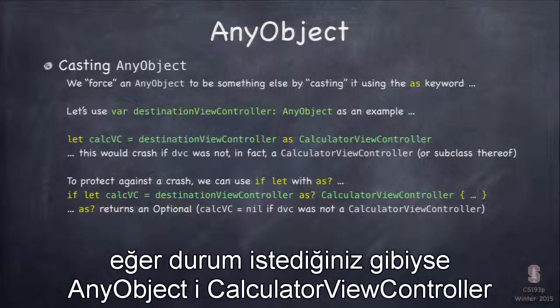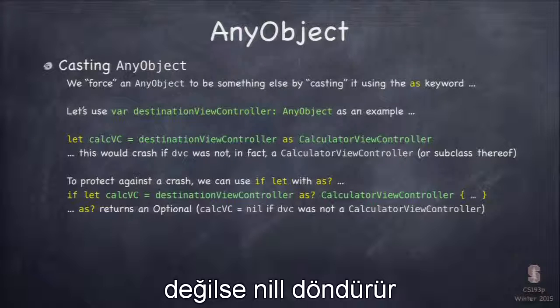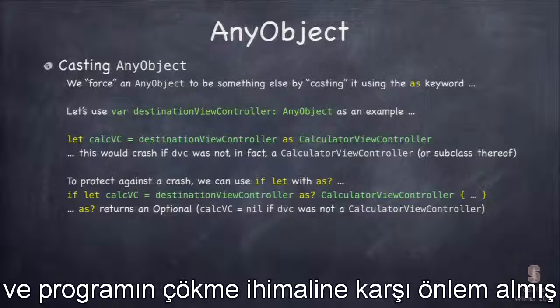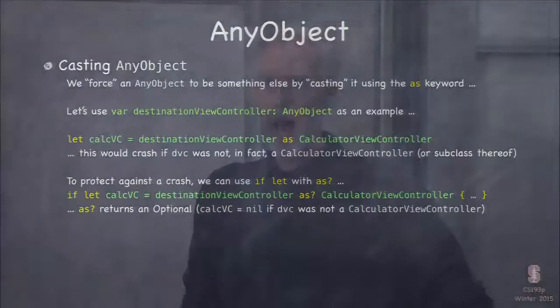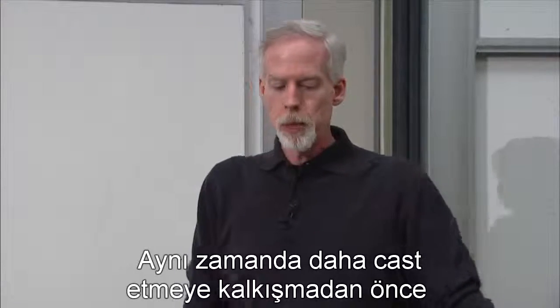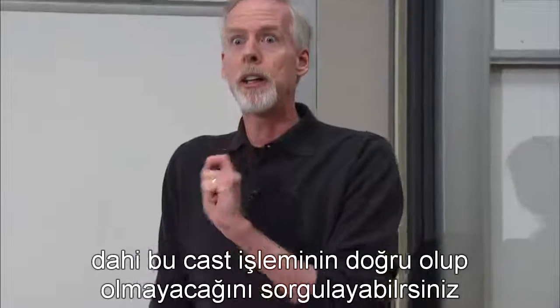And so you can say if let calcVC = destinationViewController as? CalculatorViewController, and then inside there you've got calcVC set, and you know that it's a CalculatorViewController, and AnyObject is now in your past. Make sense? So we get as and as?. You can also check beforehand if you just want to see whether this is a CalculatorViewController.